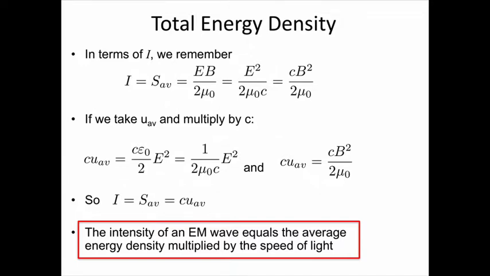So we end up finding quite a simple equation that I, which is the average of the Poynting vector, is c times the average energy density. That's summed up in the sentence at the bottom. The intensity of an electromagnetic wave equals the average energy density multiplied by the speed of light.